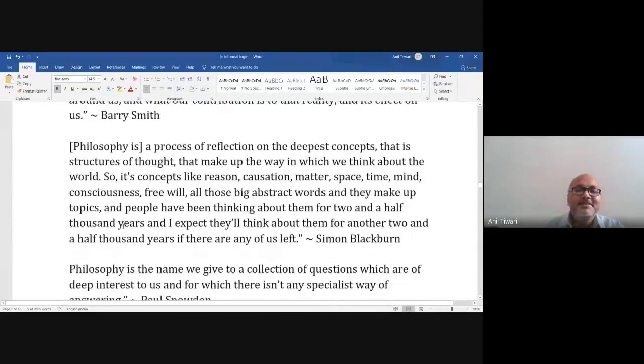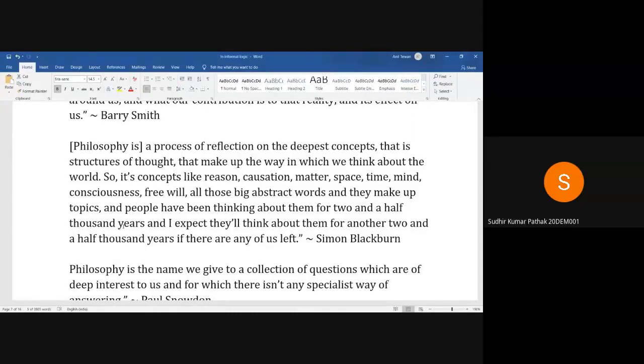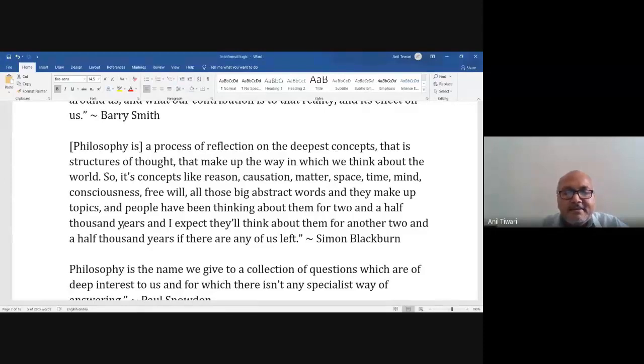So he is suggesting something in a little elaborate way. He's talking about the essential reflective practice which is adopted towards concepts such as reason, causation. These are the subject matters of philosophical study. And the suggestion is that we have a tendency to think in abstract terms related to what we actually are and what are the things around us.